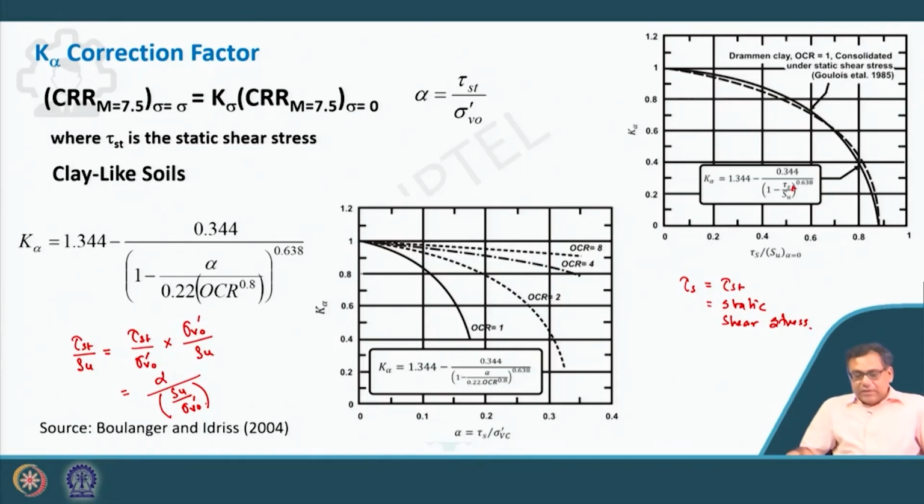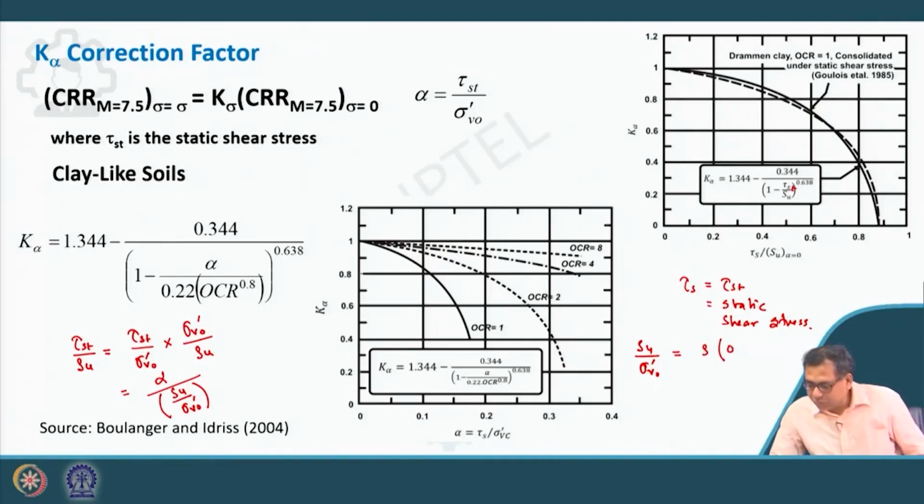Now it is observed that Su by sigma V dash can be written as S into OCR to the power m.